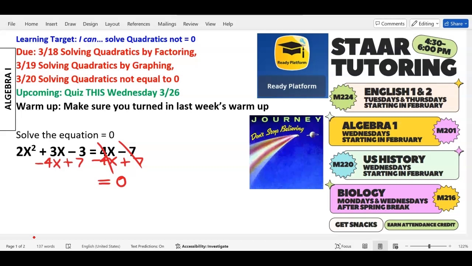Cool. The left side, we got to combine like terms here. So the only x squared term comes down, 2x squared. 3x minus 4x, 3 minus 4 is negative 1, so negative 1x is just negative x. And then negative 3 plus 7 is positive 4. The bigger number is positive, it has to be positive.